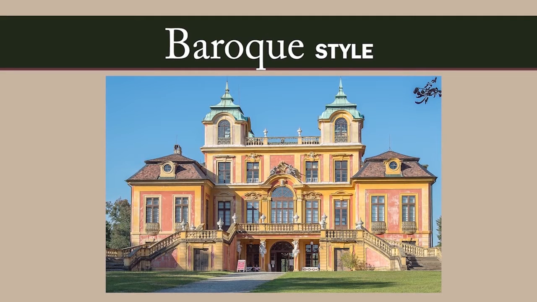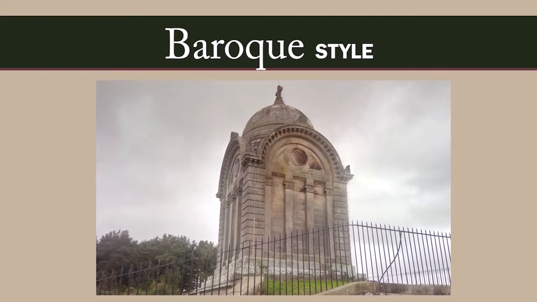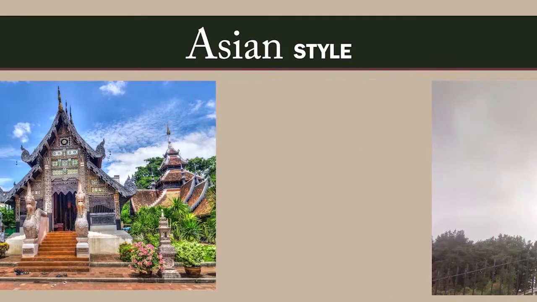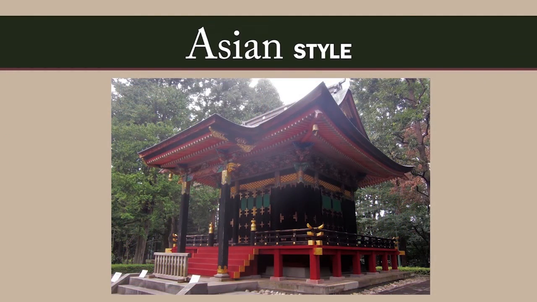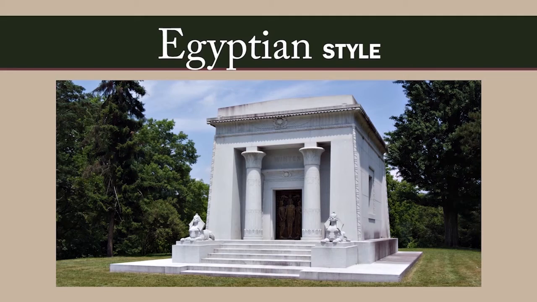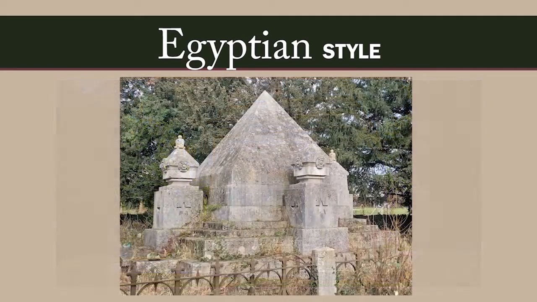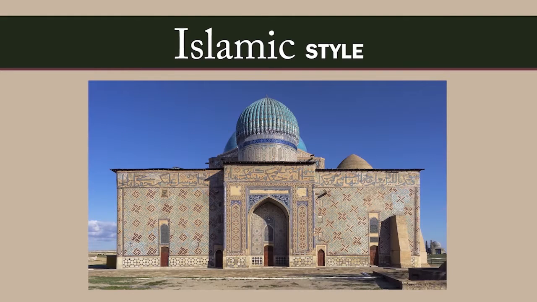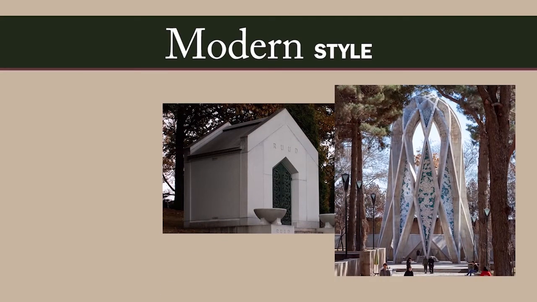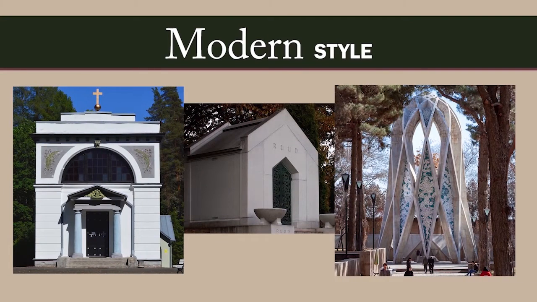Baroque architecture expresses itself as tall, grand, decorative mausoleums with dramatic domes. Asian-style mausoleum architecture is similar to that found in pagodas. Egyptian-style mausoleums borrow elements from ancient Egyptian architecture. Islamic-style mausoleum architecture resembles that found in Islamic mosques and palaces. Of course, mausoleum designs can be based on modern architectural styles too.